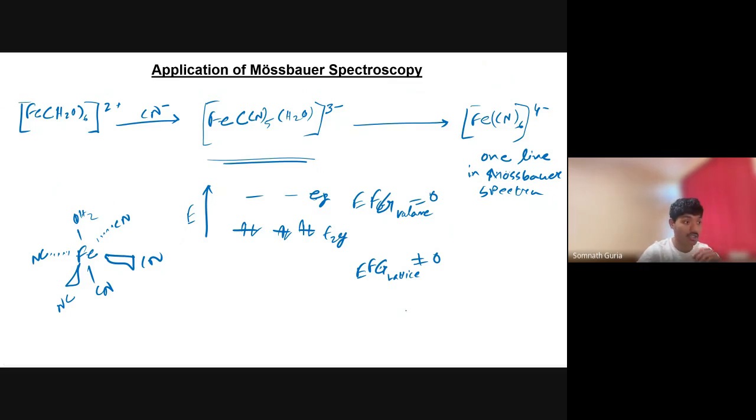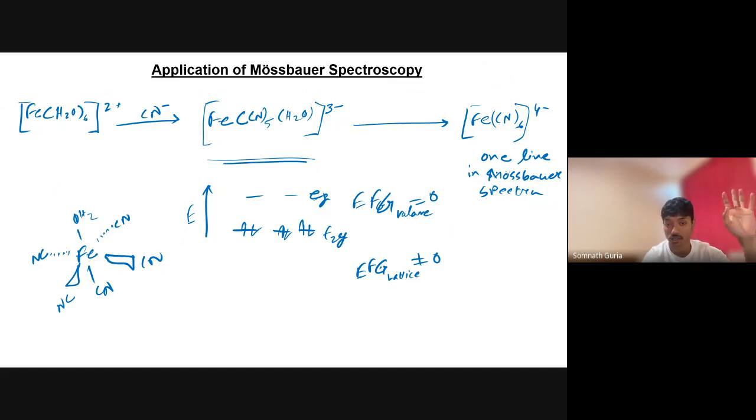And here, interestingly, this cyanide molecule is a pi acceptor ligand. It pulls the d electron density. If it pulls the d electron density from the metal center, the shielding of the s electron density decreases, so the penetration power of the s orbital electrons is greater at the nucleus. So there is a chance of more electron density at the nucleus.